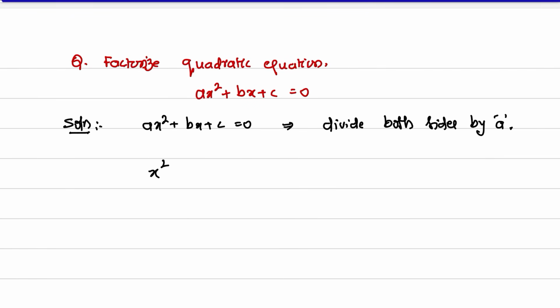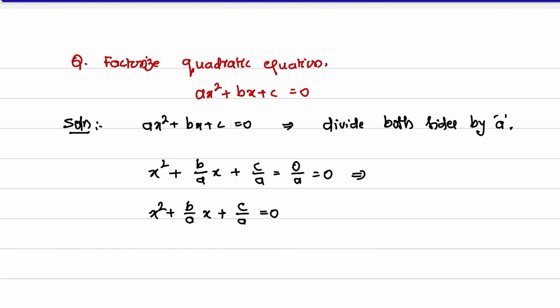Then it will be converted into x square plus b by a into x plus c by a is equal to 0 by a, that is equal to 0. That implies x square plus b by a into x plus c by a is equal to 0. The given equation is converted to this equation by dividing by a on both sides.